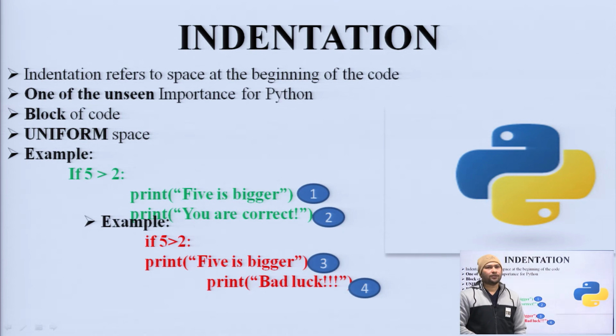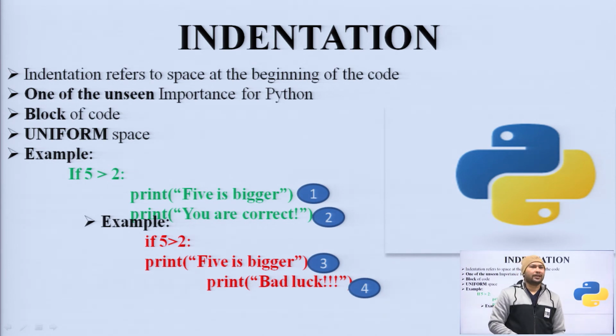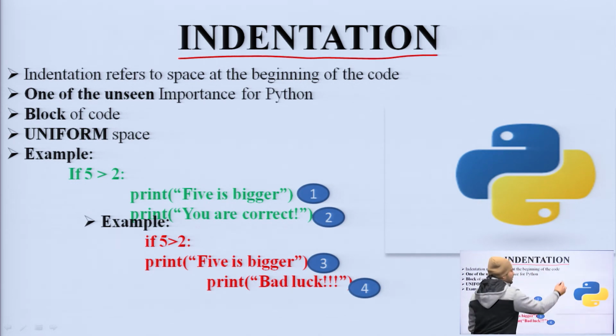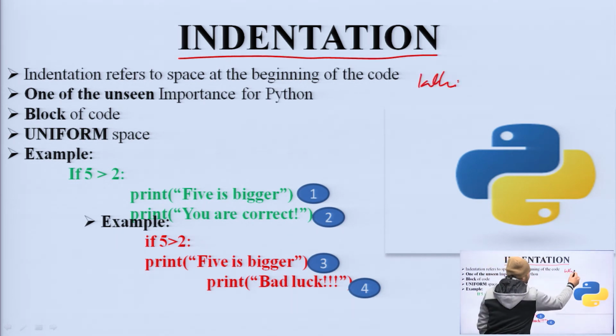Before that, the last important thing is indentation, because in Python programming there are no brackets to define the boundaries of the code, but indentation is very important. Indentation means white space.